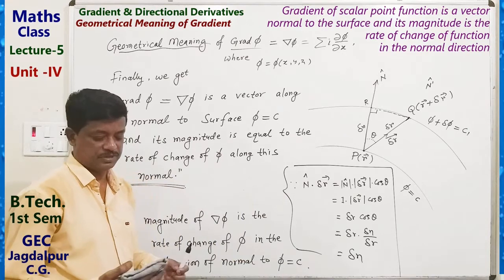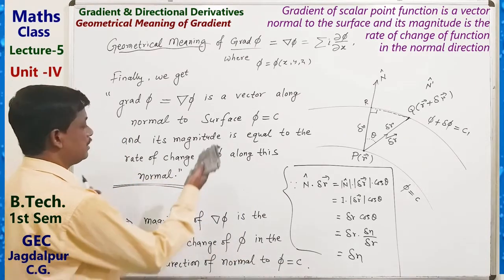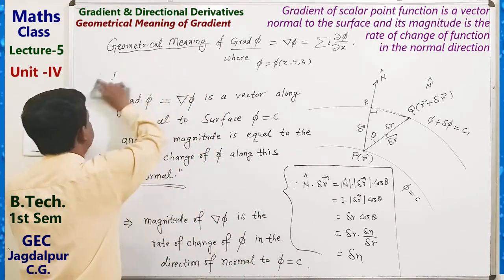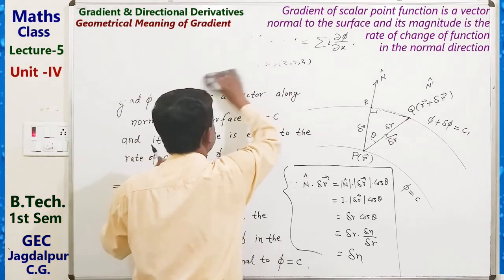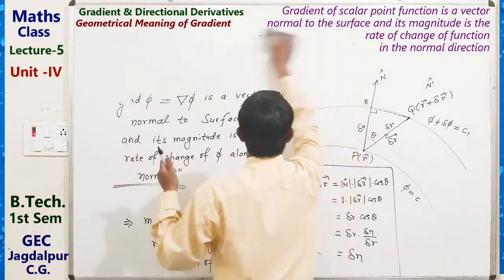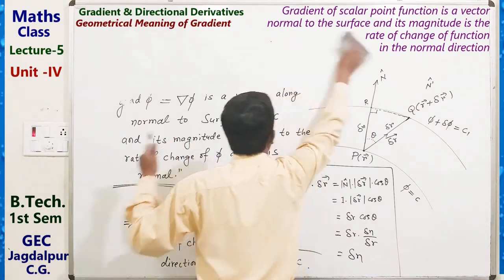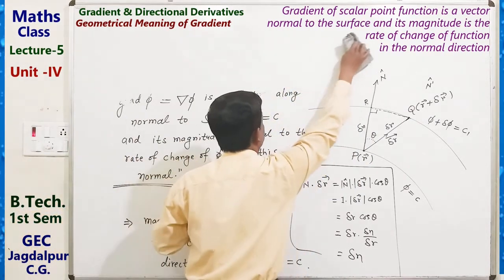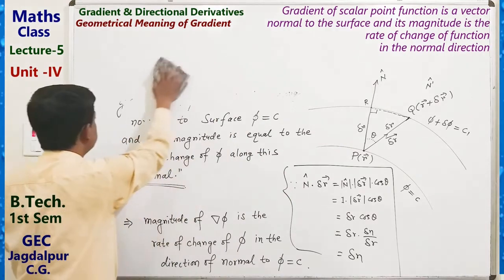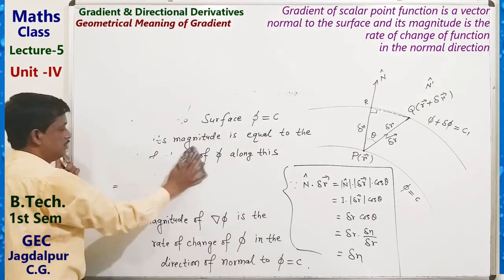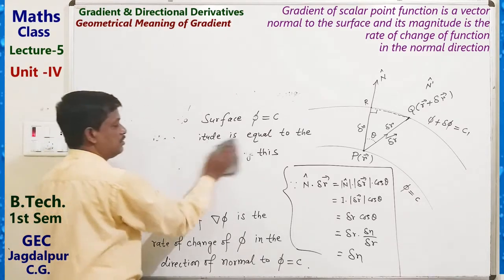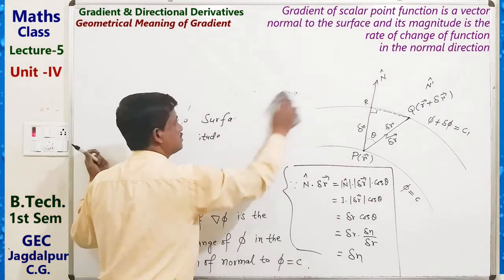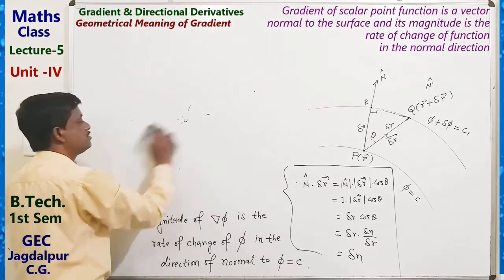directional derivative. So second thing is what? Directional derivative. What is directional derivative? Derivative we know, dy by dx, differentiation of y with respect to x. So derivative here also, del phi by del x, that is partial derivative of phi with respect to x along the x axis, along y axis, along z axis.